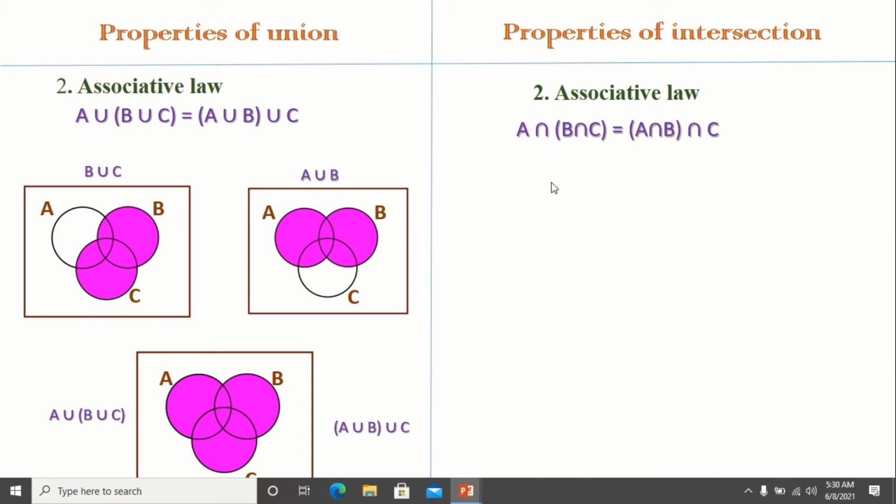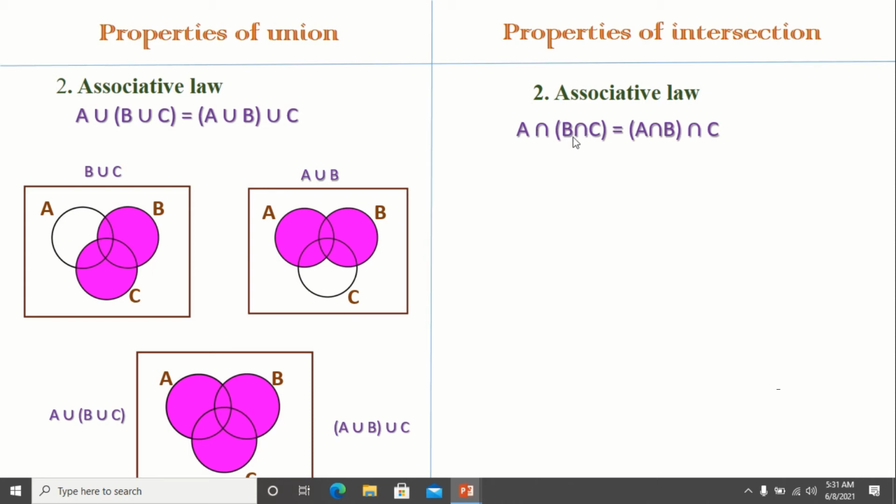Next, let's see the associative property for intersection, which states that A intersection (B intersection C) is equal to (A intersection B) intersection C. First, let's draw the Venn diagram of A intersection (B intersection C).